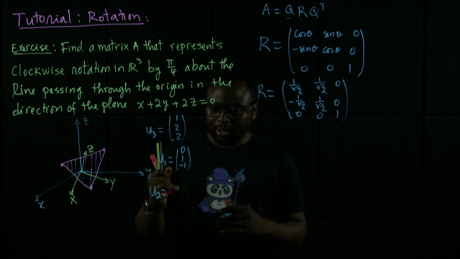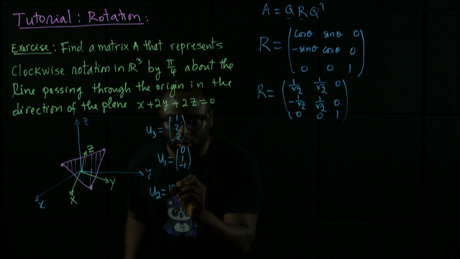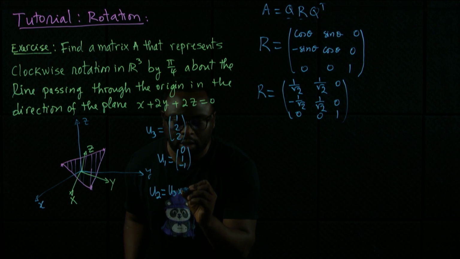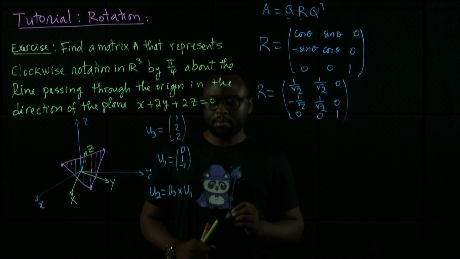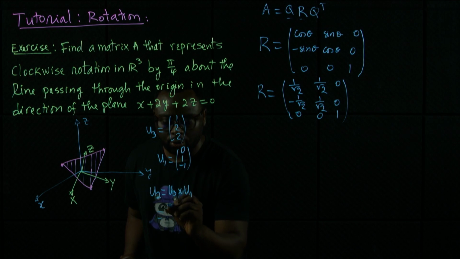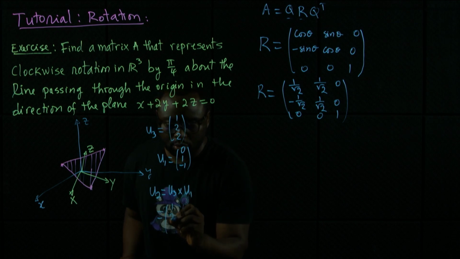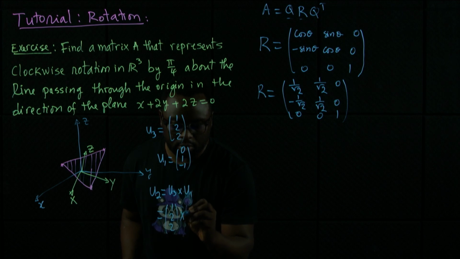So I can just take the cross product of u3 and u1. Here u3 is 1, 2, 2, cross product, u1 is 0, 1, and minus 1.